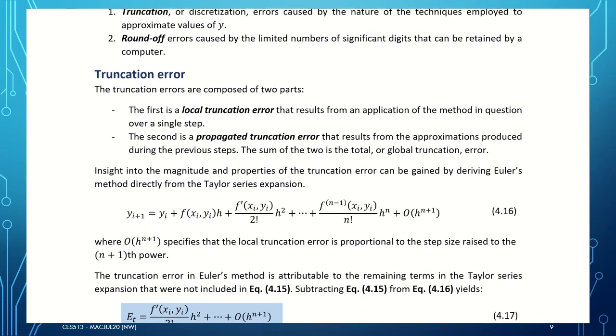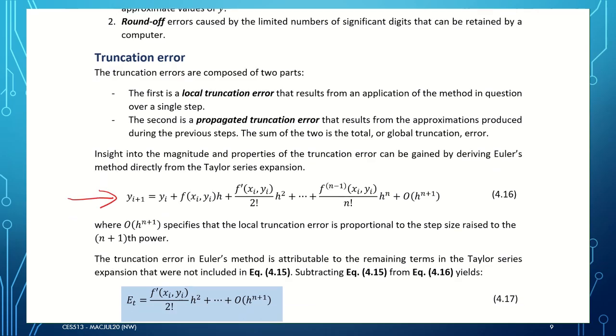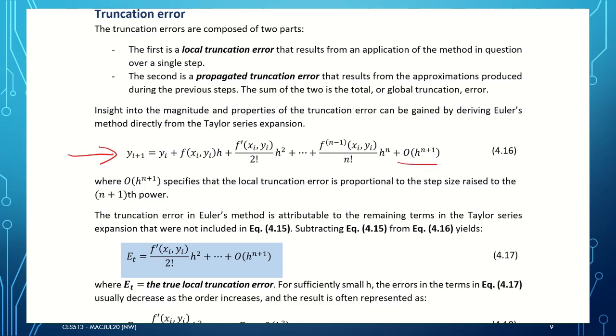How do we gain this error? By deriving Euler's method directly from the Taylor series expansion. So from the general equation of the Euler method, we expand the function into a Taylor series, where this part, O of h to the power n plus 1, specifies that the local truncation error is proportional to the step size raised to the power n plus 1.